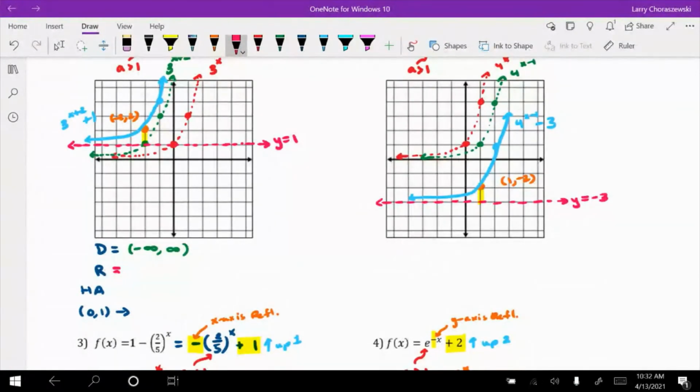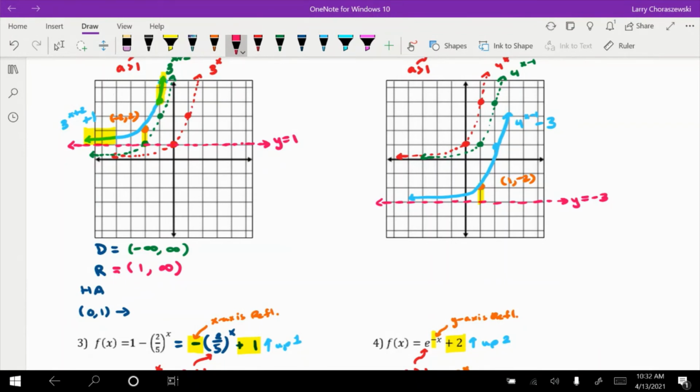If we look at this light blue graph, which is our final graph, the left end of the graph gets close to the y value of 1, but never achieves it. So for that reason, the lower end of our range is going to be parentheses 1. And if we look at the right end of our blue graph, that goes up to positive infinity, which would help us form the rest of the range, infinity with parentheses.